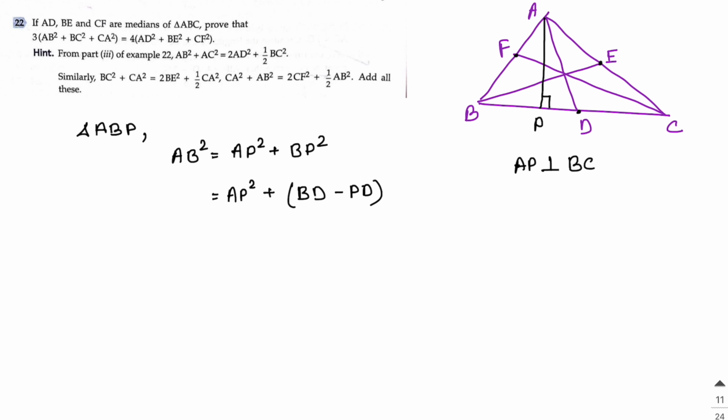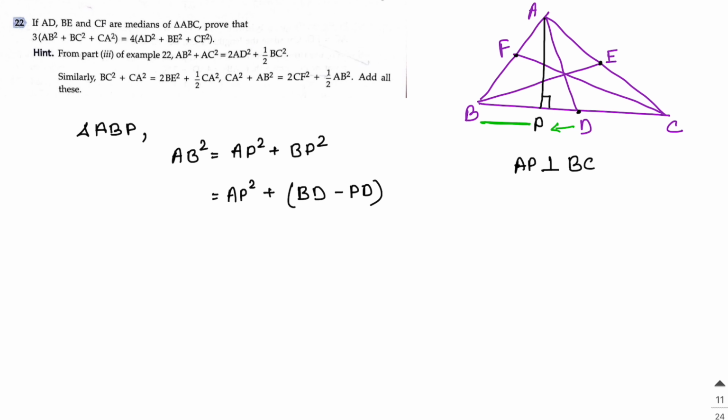That means from the triangle ABP, or APB, you can write down AB square, that is the hypotenuse, it's AP square plus BP square. Now in the place of BP, you can write down this one as BD minus PD. Okay, so here BP is equal to BD minus PD.